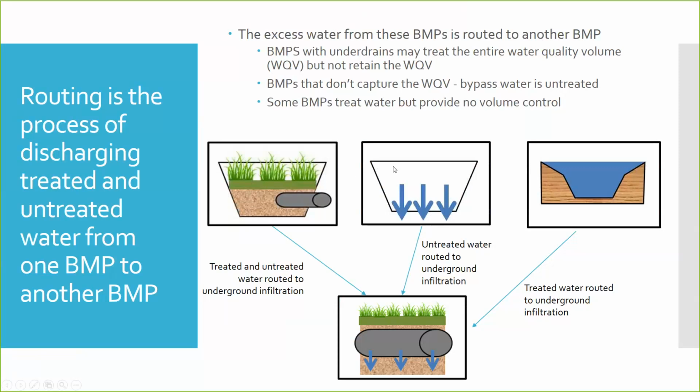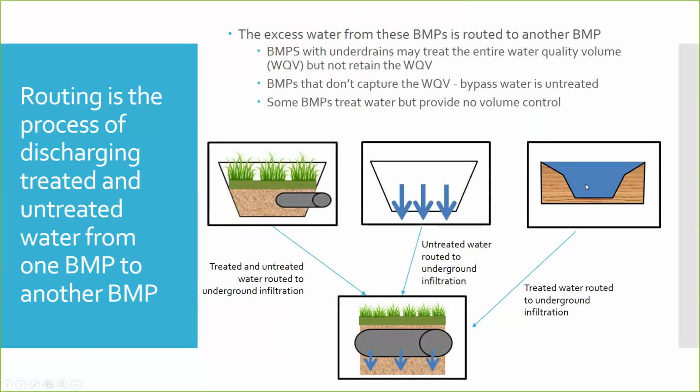All the remaining water is going to bypass this BMP, and if you wanted to get treatment for that water, you would have to have another BMP down in the stormwater treatment train. Or if you undersized your practice, for example, to only capture 1/2 inch, it's only going to capture that 1/2 inch, and anything above that is going to have to be routed down in the treatment train process.